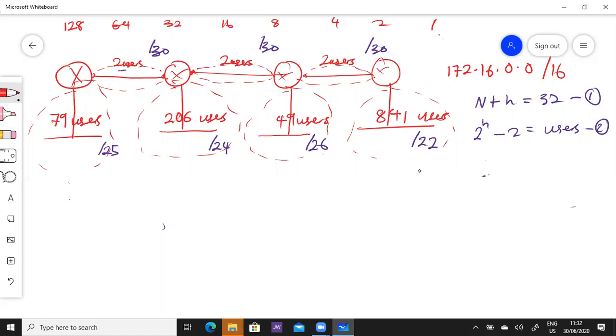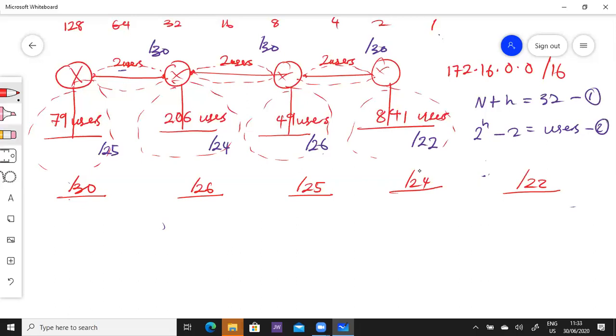So now the next step is to write down all the subnet masks. Let's start from /30. Then the next higher is /26. Then /25. /24. And /22.